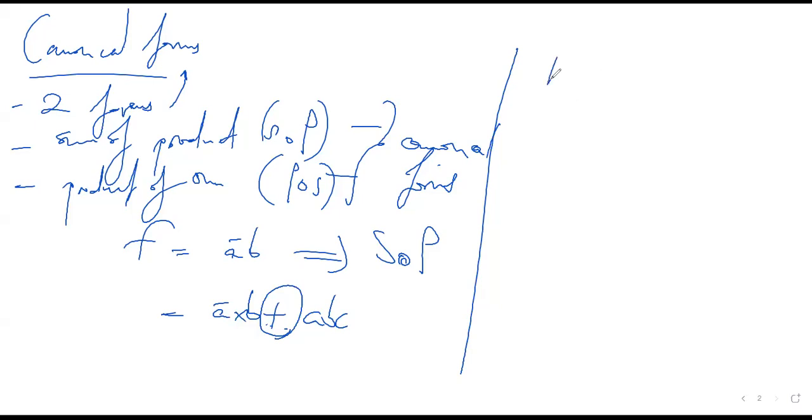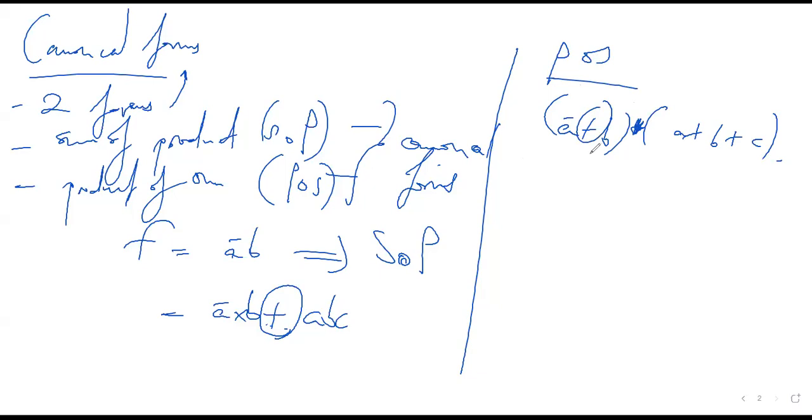An example for the product of sums canonical form: we have a bar plus b, and a plus b plus c. We have a product of sums. There is a difference there, and I'm hoping someone sees the difference between those two.